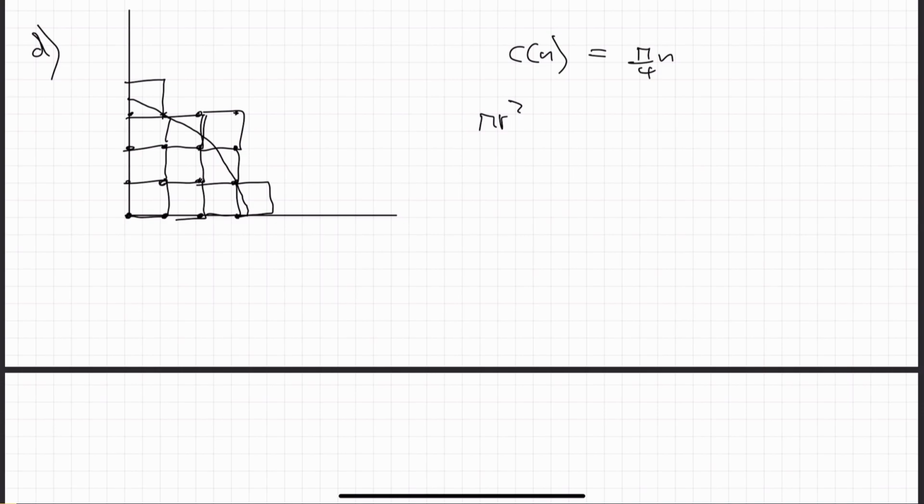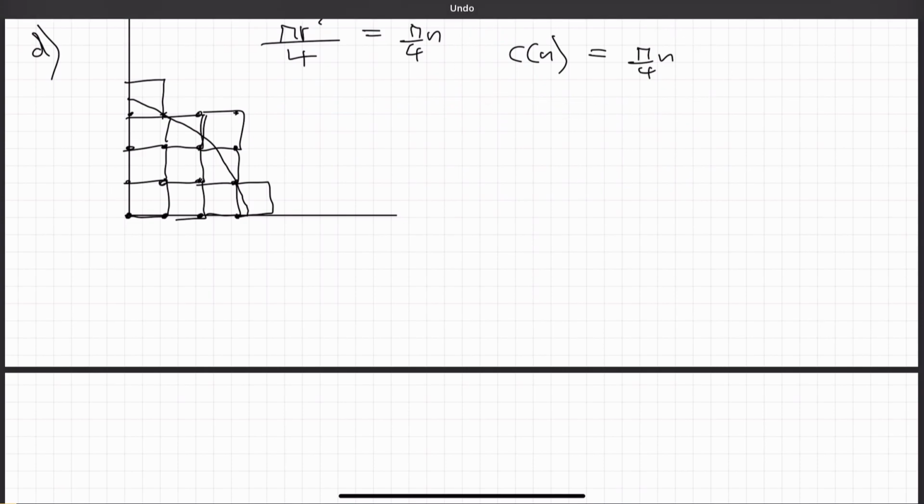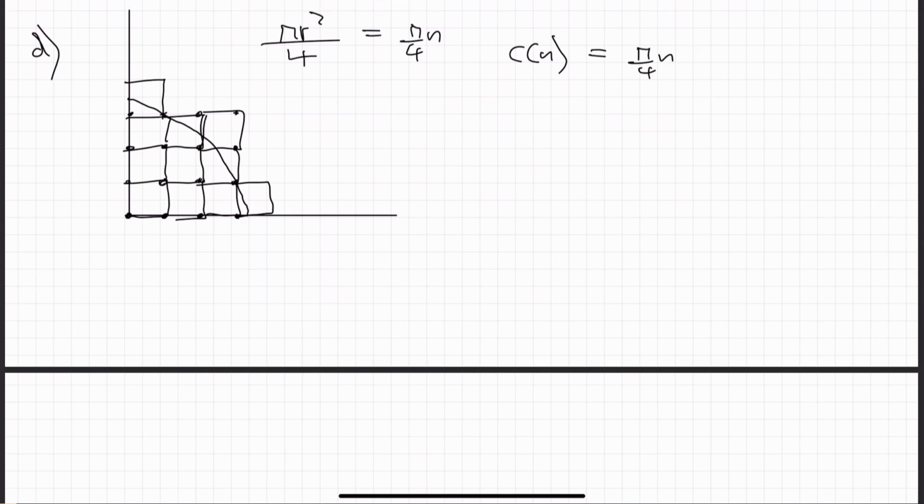Since this is the whole circle, we only want a quarter of it. And r squared in this case is equal to n, so this is pi over 4 times n. I'm not going to rub that out, I'm just going to move it to the side. That's why this equation holds true for large n.